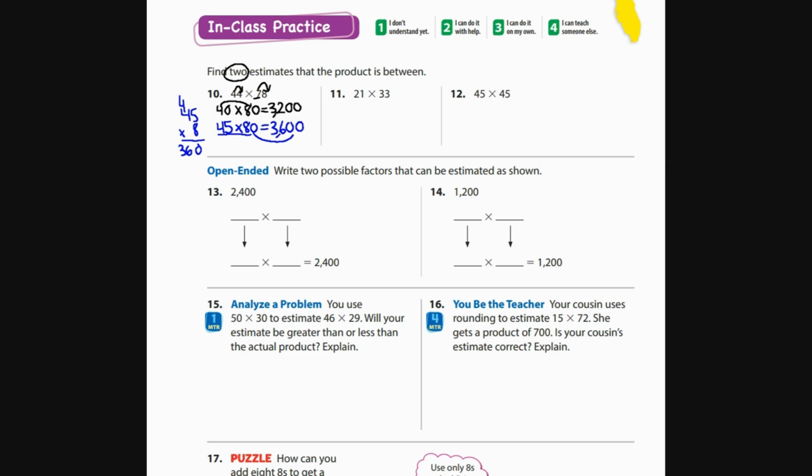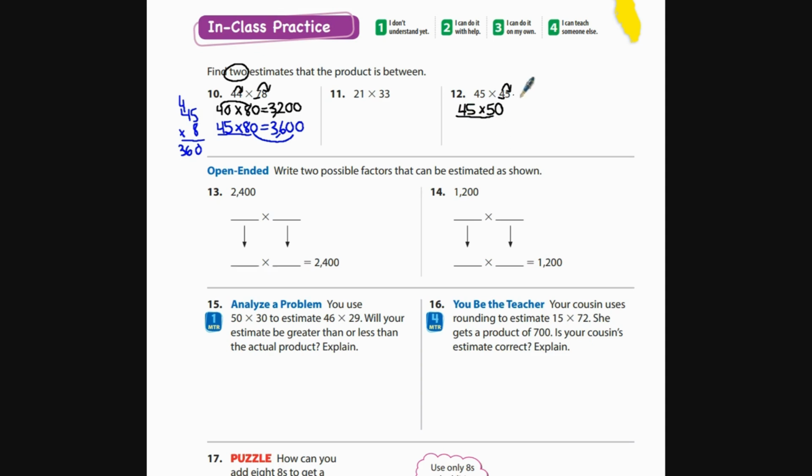That is it. And the last, well, sort of the last, but not least, 45. Well, guess what? They did the work for me. I'm going to leave it at 45 because that's a compatible number times, well, I'm going to round this guy off to the nearest 10. 5 or more, raise that 4, right? Raise the score. That becomes a 50.